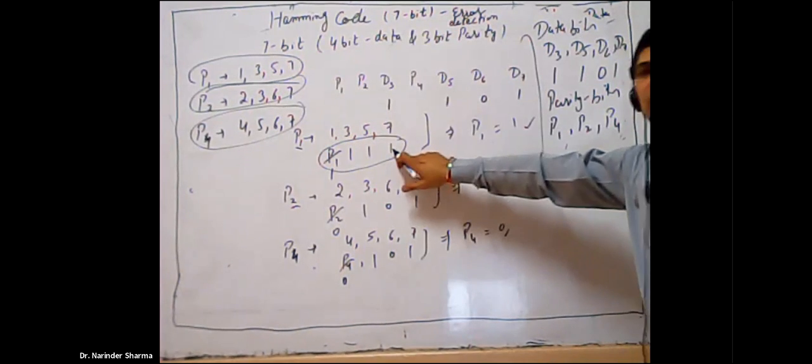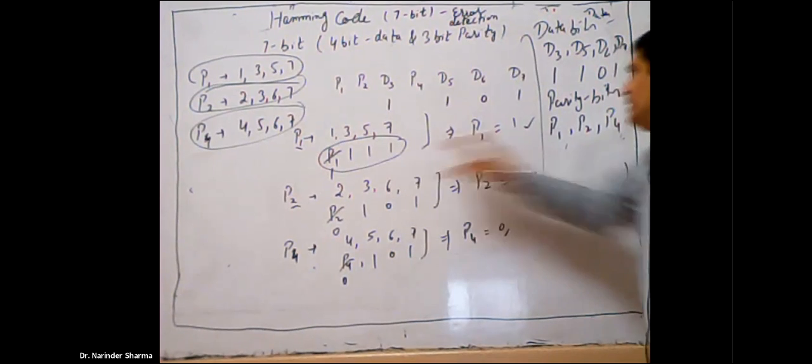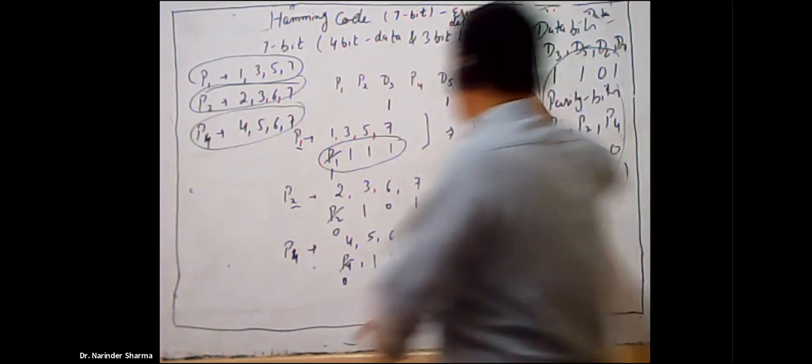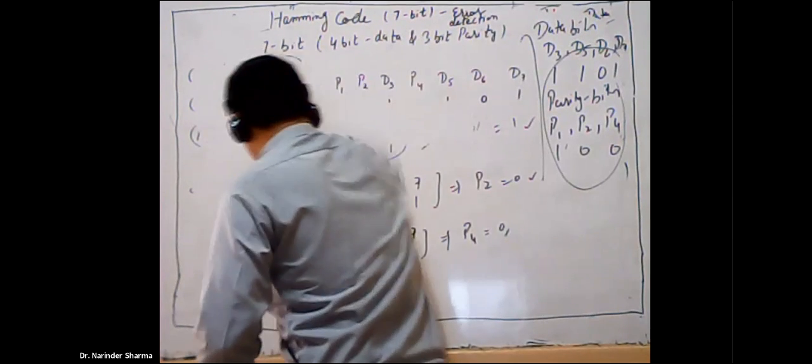P1 should be 1, P2 should be 0, and P4 should be 0. In this way, we can pursue the Hamming code, and we can find out the error, and how we can write this in the format.